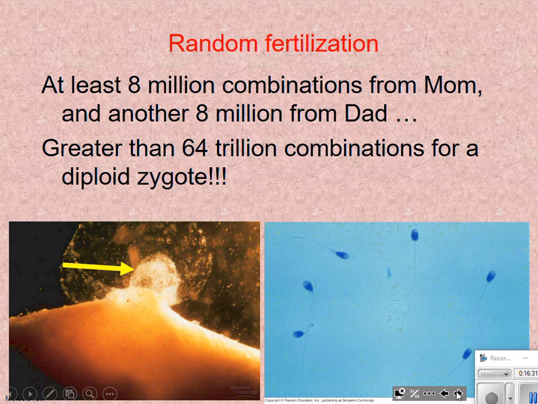So, if we take that 8 million and multiply it by 8 million, we're going to get 64 trillion different combinations that could occur for a diploid zygote. So when the sperm and the egg come together to form the zygote, that is 64 trillion combinations.